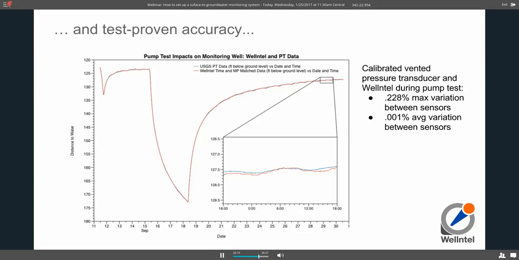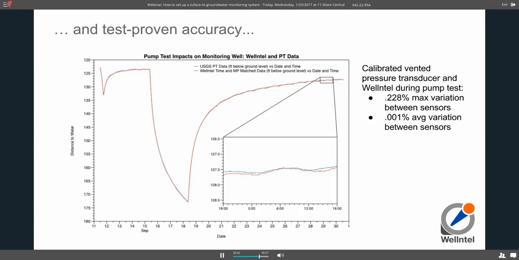And so this pump test was performed to evaluate several management questions around that. And we were lucky enough to take advantage of that opportunity to both test and compare Wellntel technology against standard pressure transducer technology, which is used to measure water levels in wells as well.